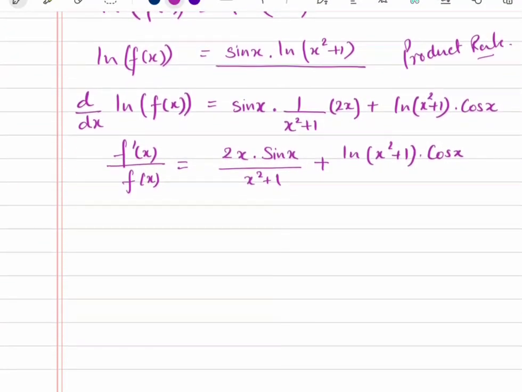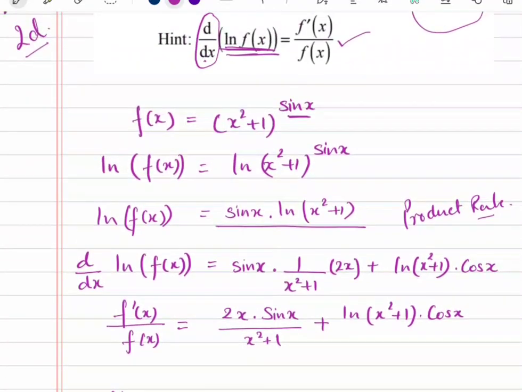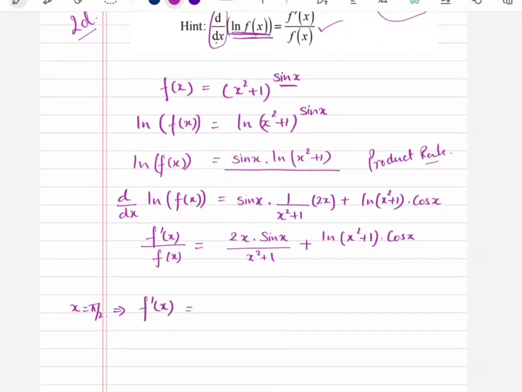Cool. Now the question is to find the value when x is equal to pi over 2, right? So first let's see, f dash x is equal to f(x) multiplied with the whole thing, and f(x), we know from the question, is equal to (x squared plus 1) to the power of sine x.